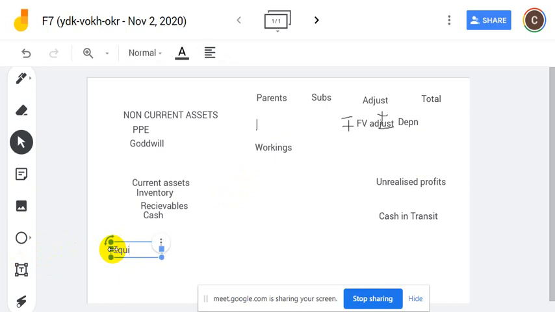You're going to have a heading, equity and liabilities. Under this section, you bring the share capital.